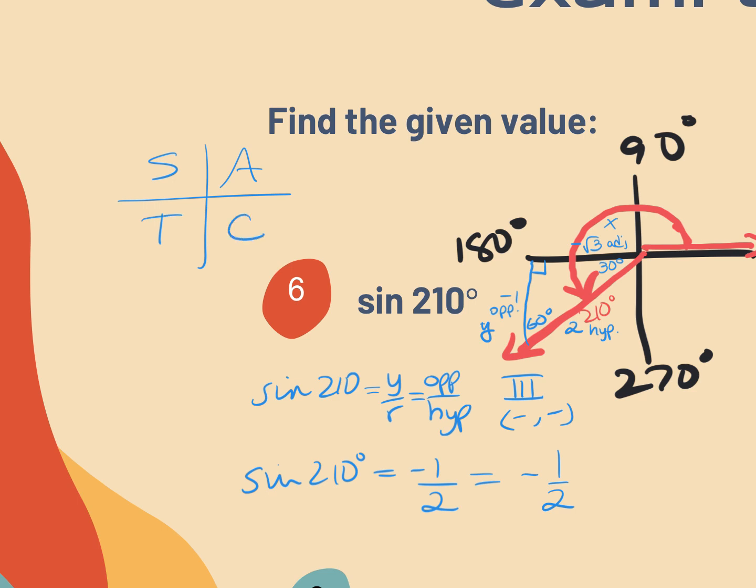I need to figure out where sine is also negative. So for my reference angle, it was the 30. I know sine is negative here and here. So the other angle that would also produce this would be something in quadrant 4. But here, we're just trying to find the value of it.